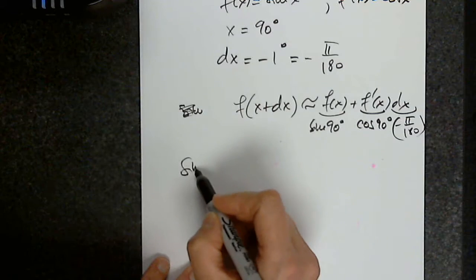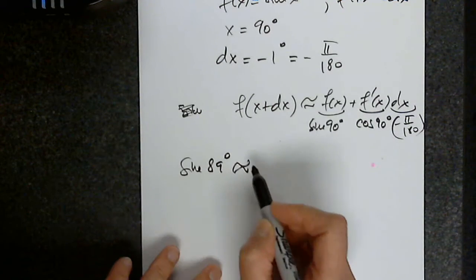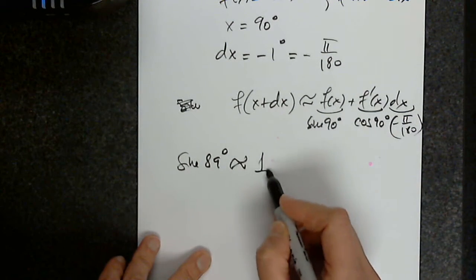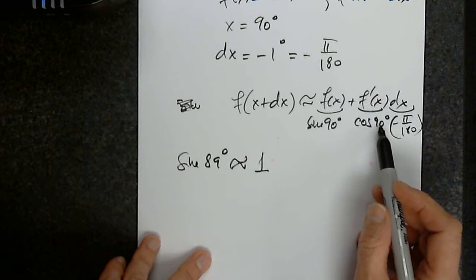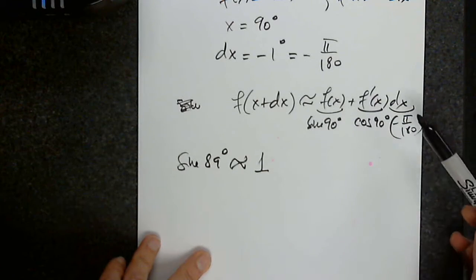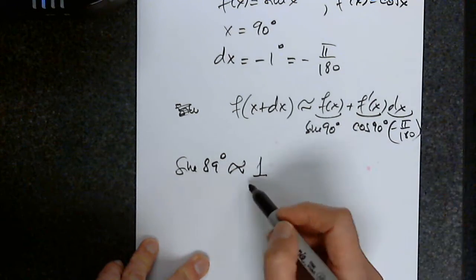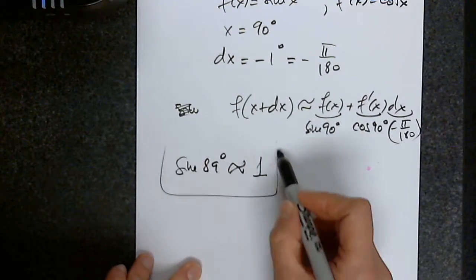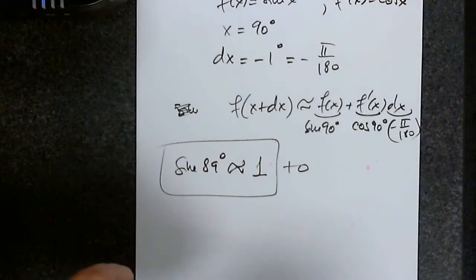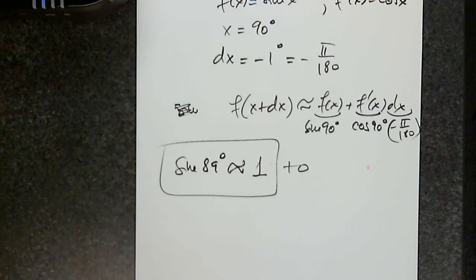So then sine 89 degrees is approximately sine 90, which is 1, plus cosine 90, which is 0, times this. 0 times delta x is still 0. So sine 90 is 1, but the rest is 0.